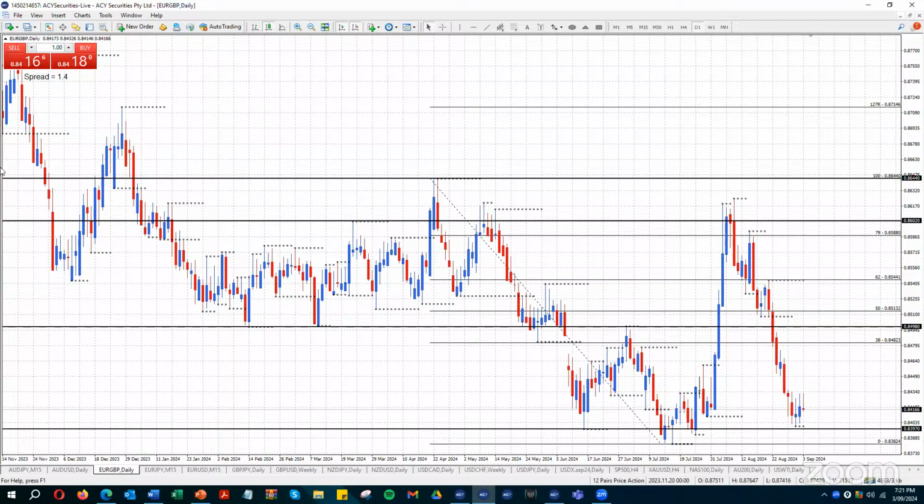That would be the area to look for a short. If we had a significant retest of support now here and held, then we're probably going to move back up the range. So it all depends what price does over the next 24 hours. If it just comes straight back up, then look up here for resistance. If we retest and hold, we'll probably move back above here. So we just have to see how it plays.